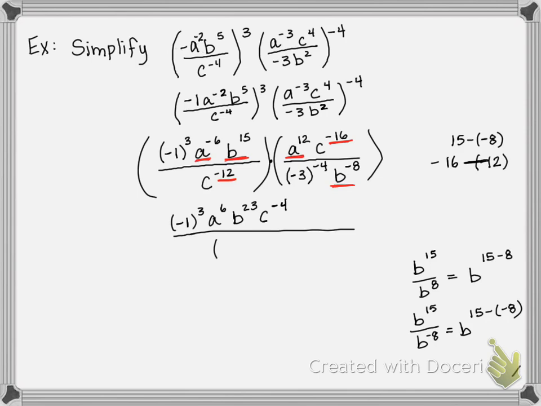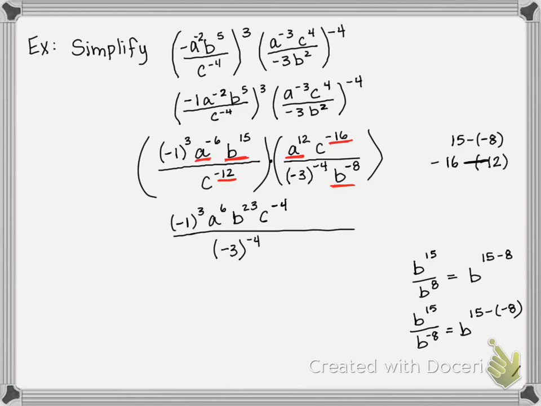And then we also have this negative 3 to the negative 4th on the bottom. Remember that when you do the quotient rule, the result always goes on the top. You will deal with the fact that you might have a negative exponent and that brings it down to the bottom later. But if you try to combine those two, you end up with a positive exponent in the wrong place.